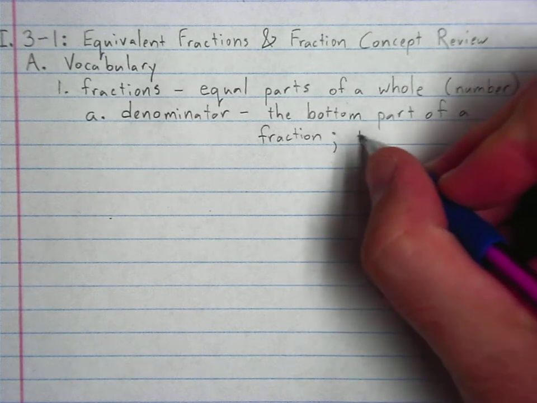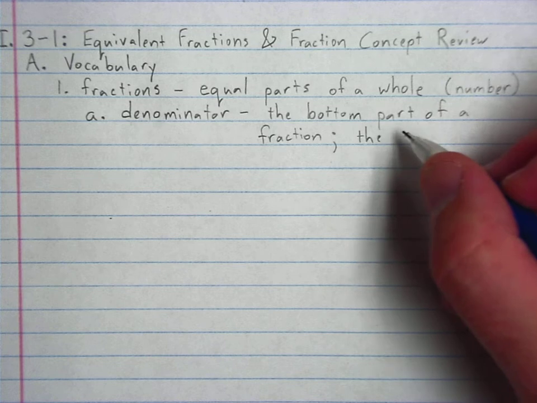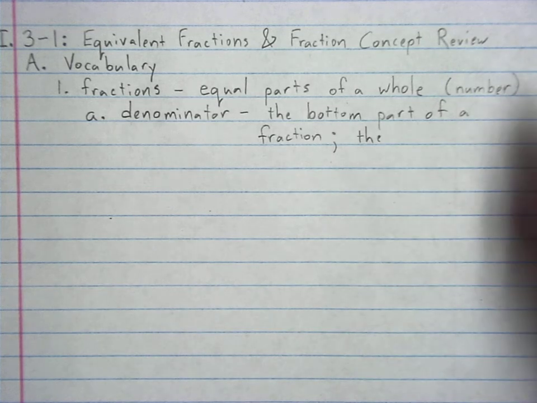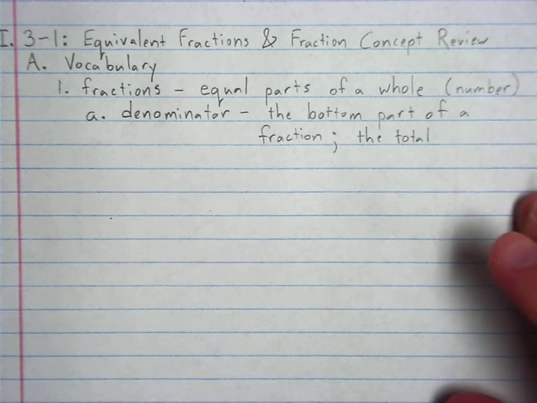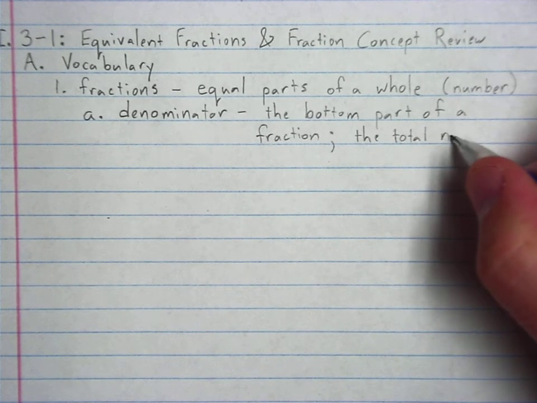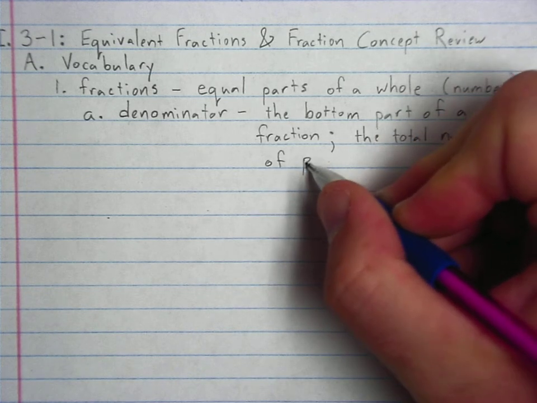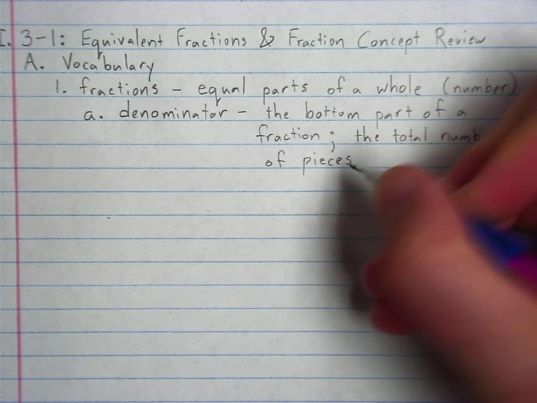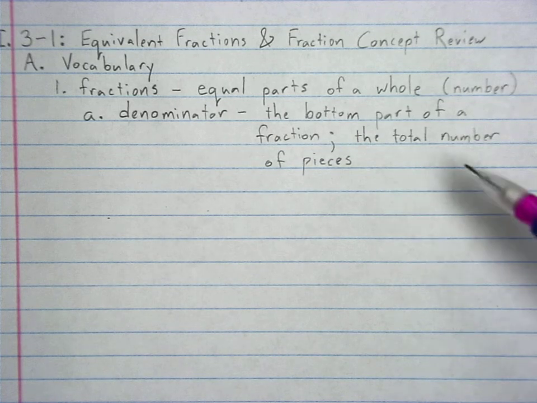It also represents the total number of pieces. Now that part's very important, so I'm going to try to say it again. The denominator is the total number of pieces.